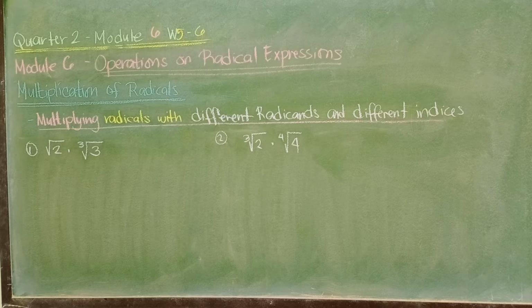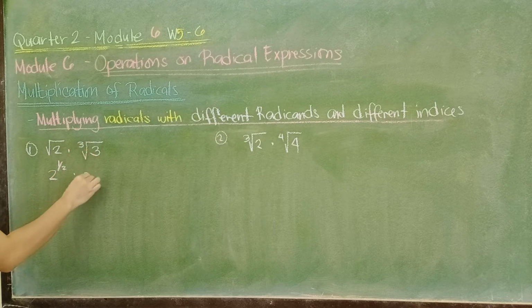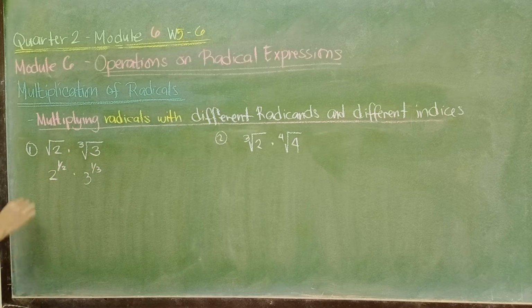So for number 1, we have the square root of 2 times cube root of 3. So ang gagawin natin is yung procedure natin sa second lesson natin. I-convert natin muna sila sa mga rational exponents. So square root of 2 is 2 raised to 1/2, times cube root of 3 is 3 raised to 1/3.